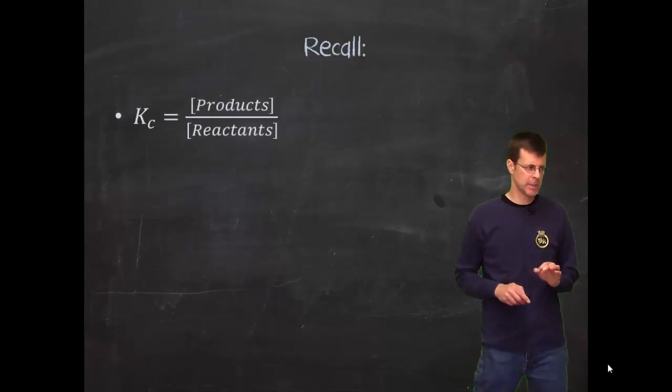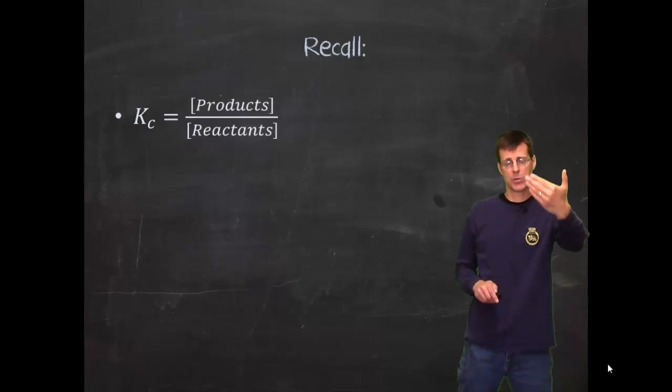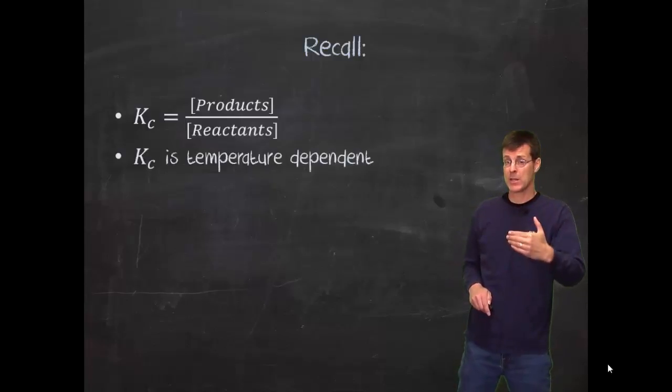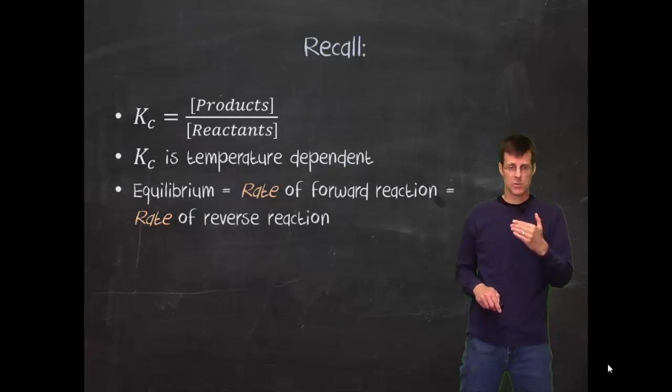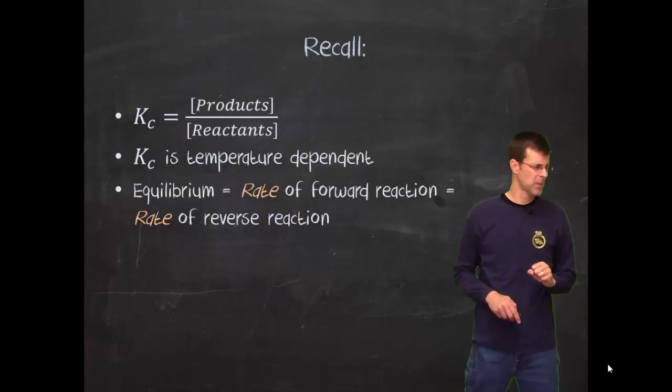know about reactions already. We know that for reactions at equilibrium, we put the concentration of the products on top of the concentration of the reactants. We know that it's dependent upon temperature. We also know, by the way, that temperature affects the rate of a reaction. That's important.